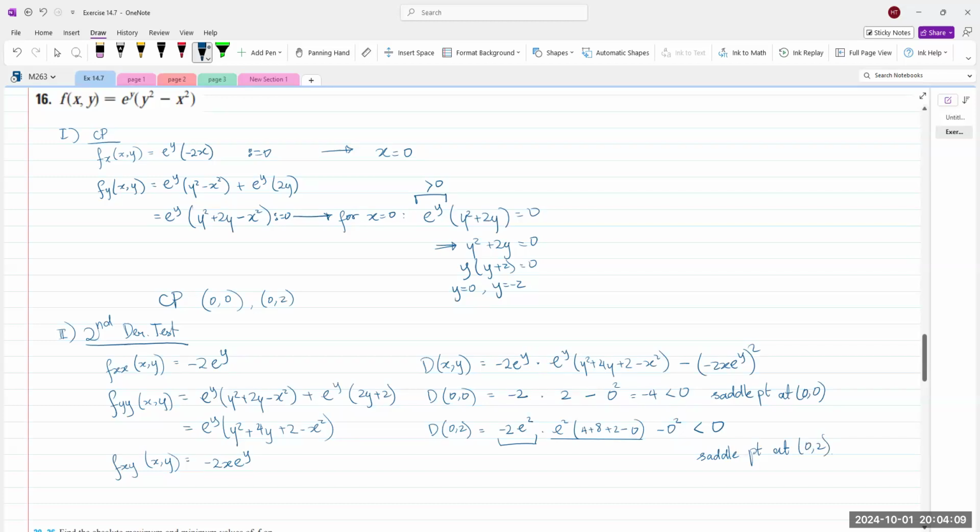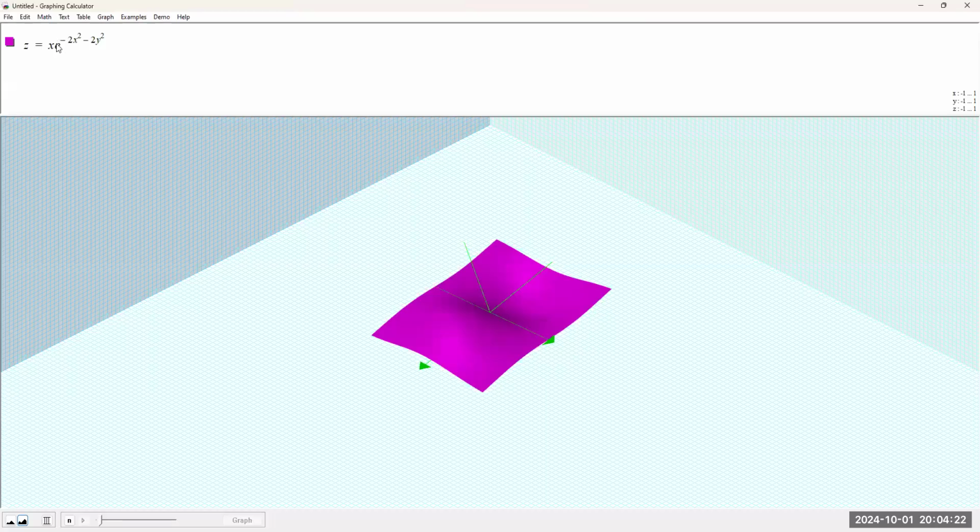Okay, I will not graph this anymore. Should I? Let's see then. Let's see if I graph that. So what's the function again? Oops, I'm looking at the wrong one. My bad. This one here.